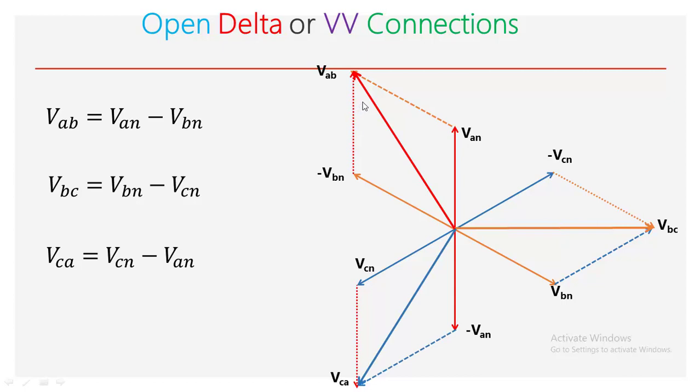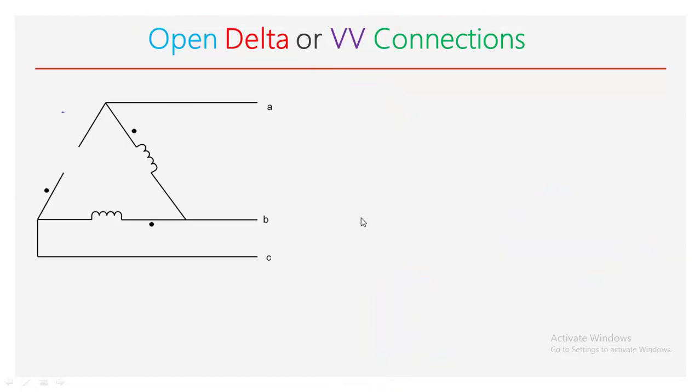Now we got all three line voltages from the phase voltages, and the angle between each line voltage is also 120 degrees. The angle between phase to phase is 60 degrees and the angle between phase to line is 30 degrees. Now let us consider the open delta.